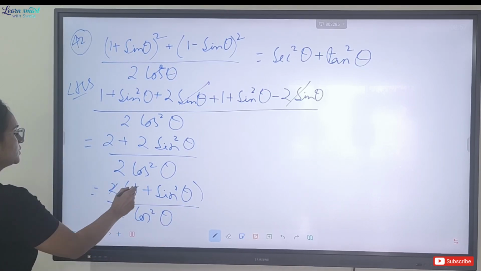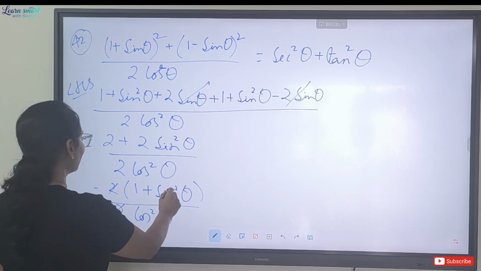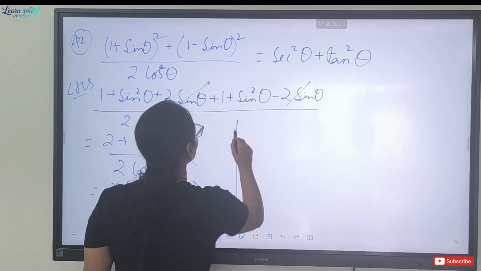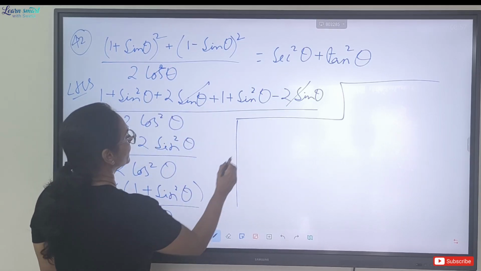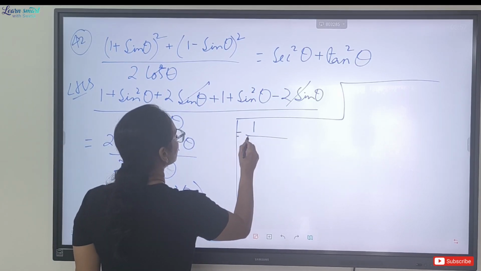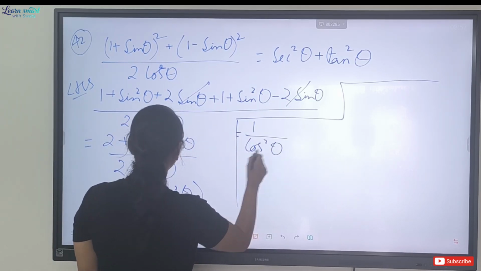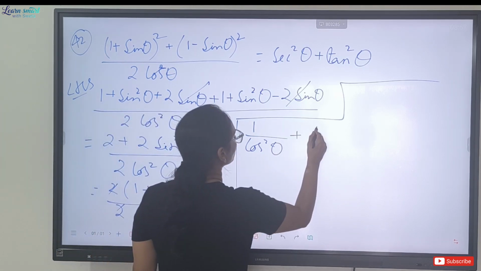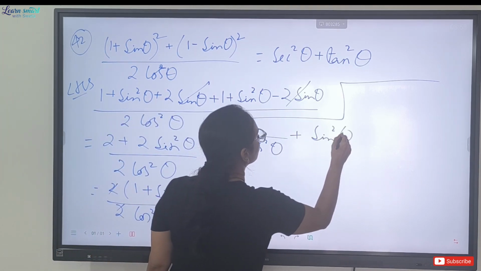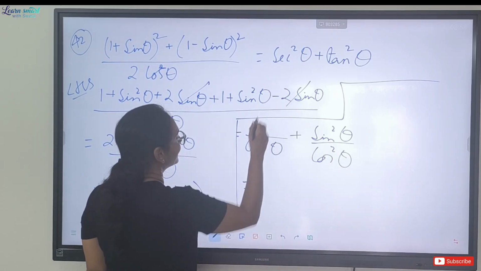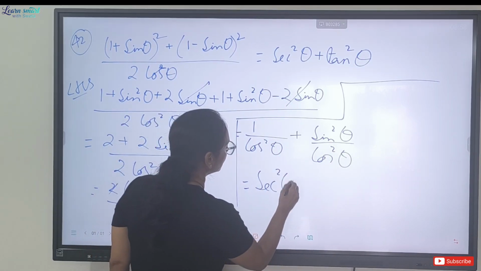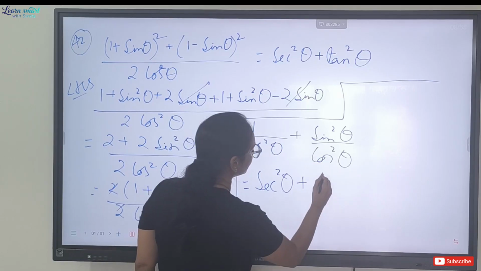Let's cancel. So we get 1 plus sin square theta by cos square theta, which can be written as 1 by cos square theta plus sin square theta by cos square theta. Which means sec square theta plus tan square theta.